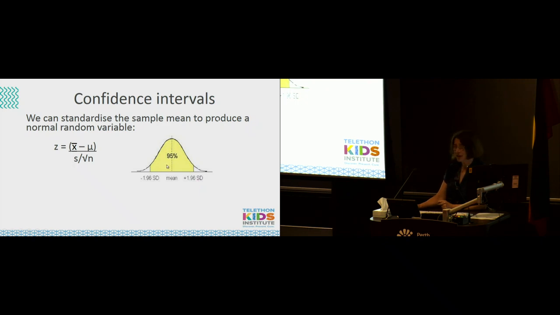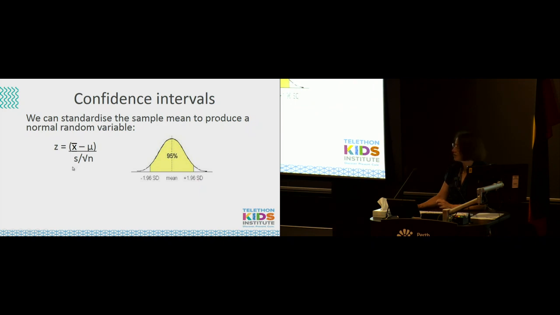So instead of that, we did a neat trick: every normal distribution can be standardized to the standard normal, which is centered around the value 0, with a standard deviation of 1. And you do that simply by taking the sample mean, subtracting the true value, and dividing by the standard error in this case.